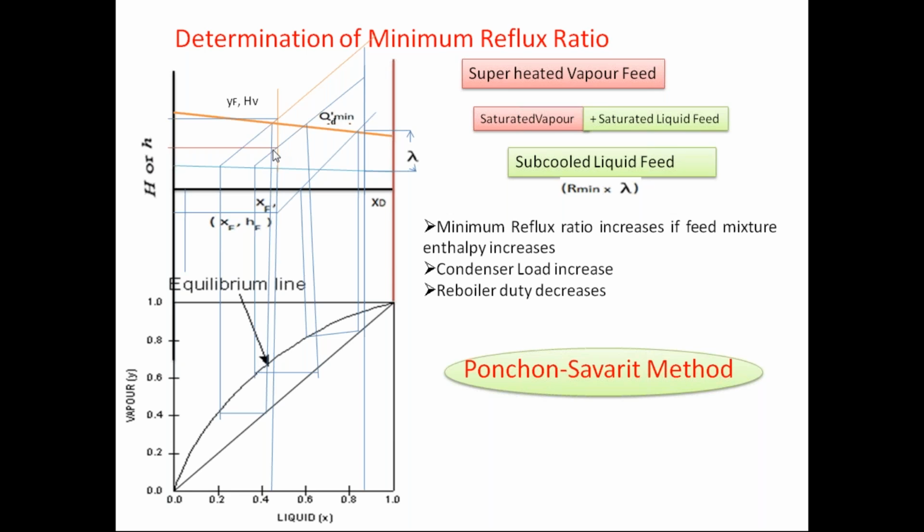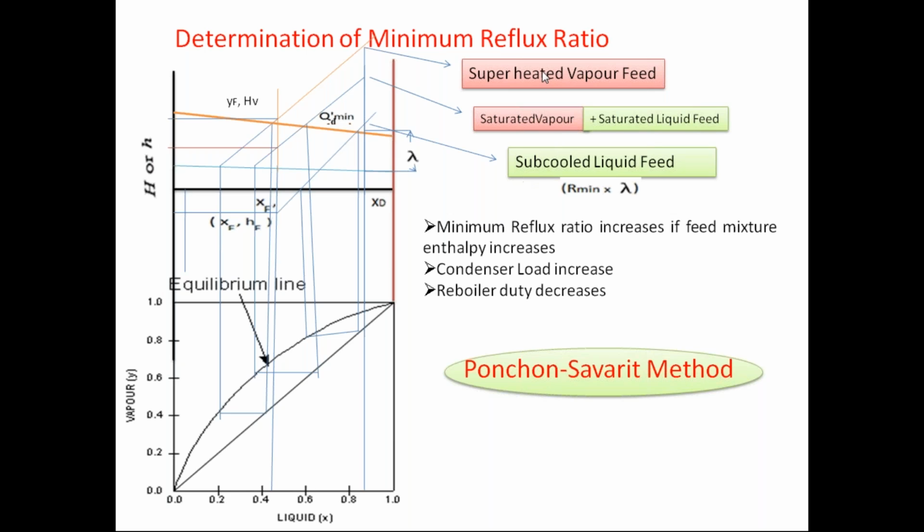So again, when the feed is saturated vapor plus saturated liquid, this is going through a tie line. That means it is a pinch situation for the saturated vapor plus saturated liquid. So this is a superheated vapor feed, this is a subcooled liquid, and this is a saturated vapor plus saturated liquid feed.